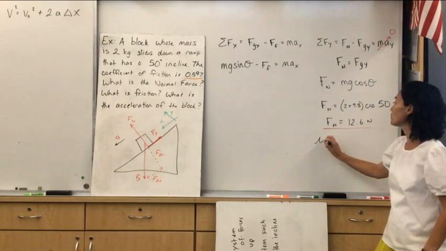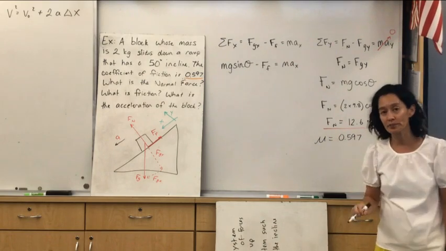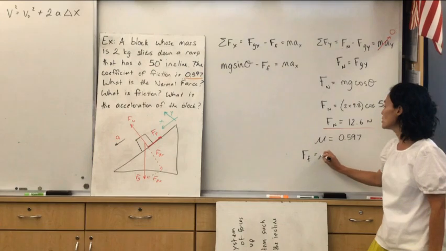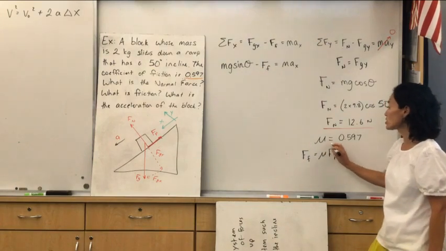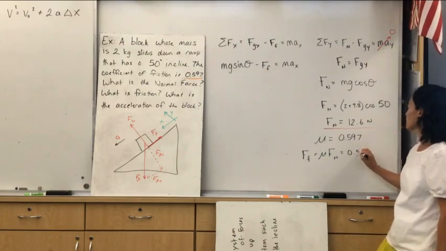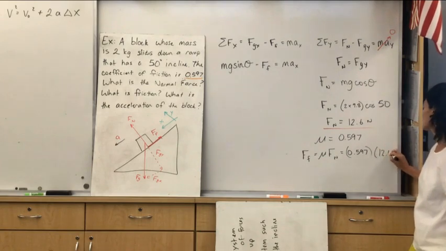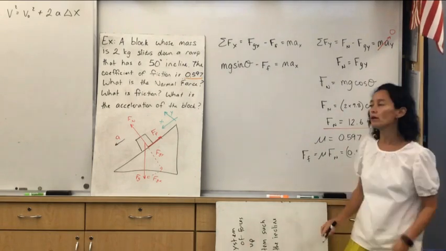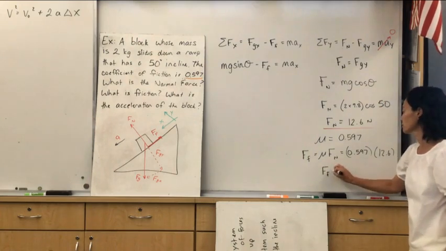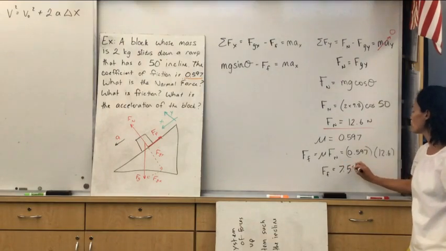So mu is equal to 0.597. There is another equation for friction. I can find friction by saying friction is equal to mu times the normal force. This is the general equation for friction. So this would be 0.597 times my normal force of 12.6. Again, you should pause the video and calculate this out, and get an Ff value of 7.52 newtons.